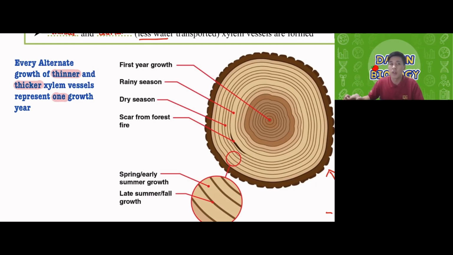Yes, so that's what we explain now. Alternate means thin and thick is 1 year, thin and thick is 1 year, because the thicker one is at the beginning of the year, and the thinner one is at the end of the year. So thick and thin is 1 year. So just continue that.